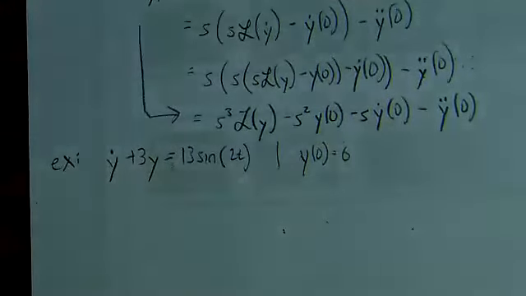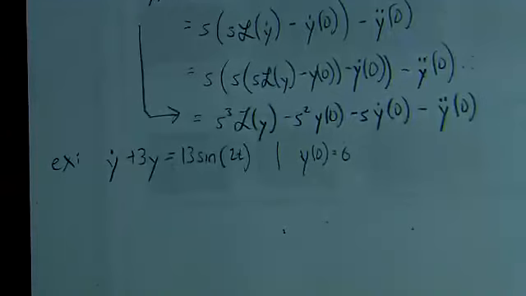Let's say we have this first order differential equation. It is inhomogeneous, but we know how to solve this using current techniques. Right, we could break this into homogeneous and inhomogeneous. Homogeneous characteristic equation is r plus 3, giving us an r value of negative 3.